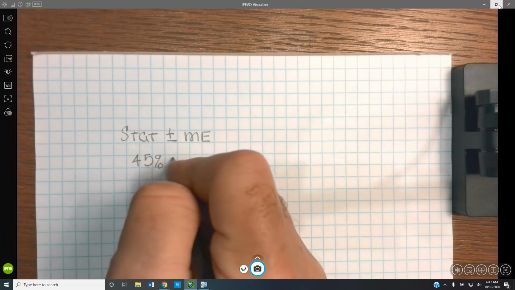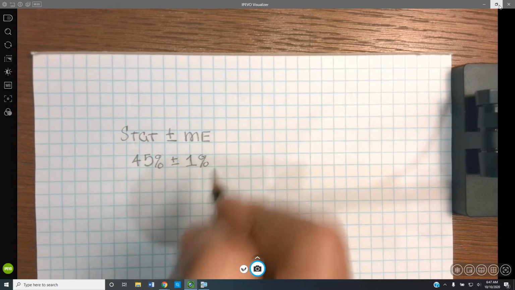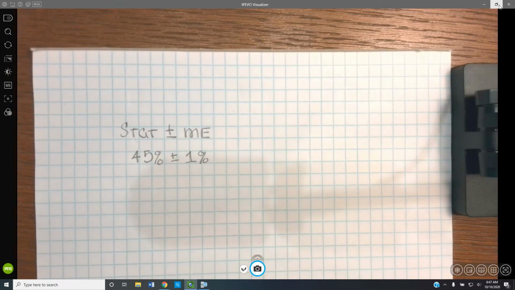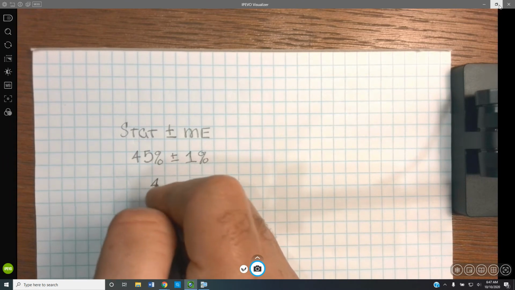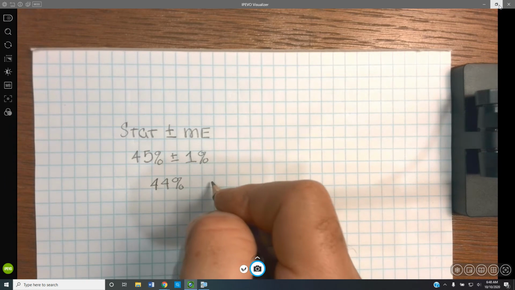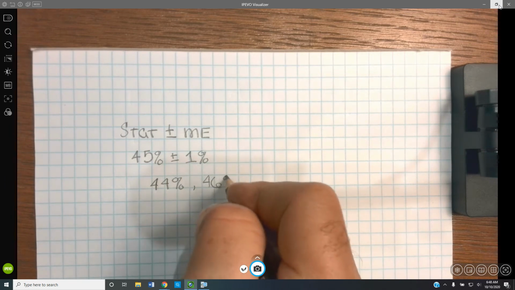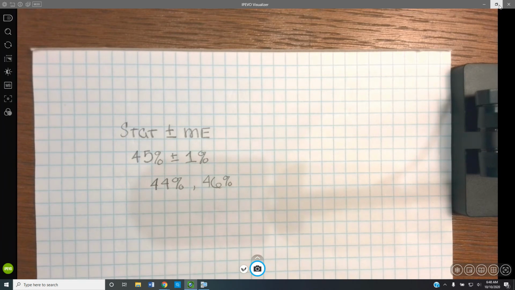And now we're given a margin of error of 1%, because it says 1% up, 1% down. That means that our confidence, or our margin of allowable movement, is going to be between 44 and 46%.